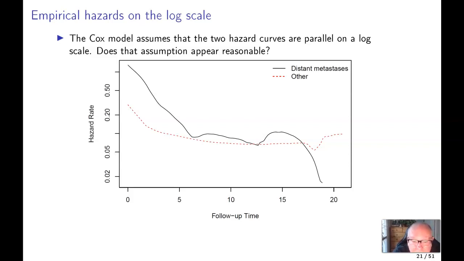They just have to be close enough that we're willing to assume that there is proportional hazards. And here I would say I would be very happy to assume proportional hazards. And the concept of proportional hazards, how to test for it, how to relax it if it doesn't exist, that will be the content of another lecture.